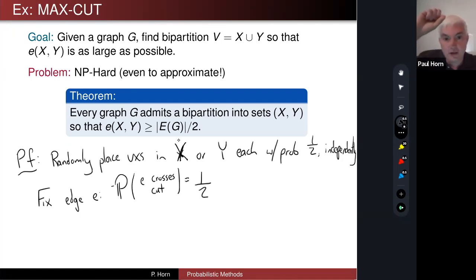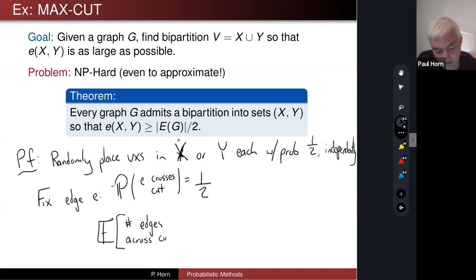It could be in either side. So actually, the probability that this edge crosses the cut is 1/2, and therefore the expected number of edges across the cut is 1/2 of all the edges.